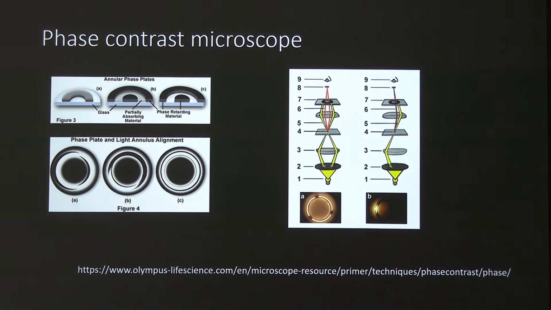And so the important thing when you use a phase contrast microscope is to have the two components well aligned.